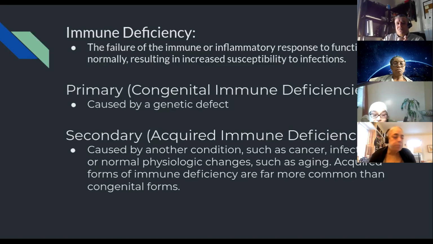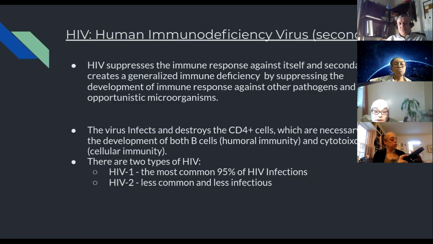And then the other is secondary, which is an acquired immune deficiency. It's caused by another condition, such as cancer, and normal physiological changes such as aging. Acquired forms of immune deficiency are far more common than congenital, which is what we mostly see in patients these days.